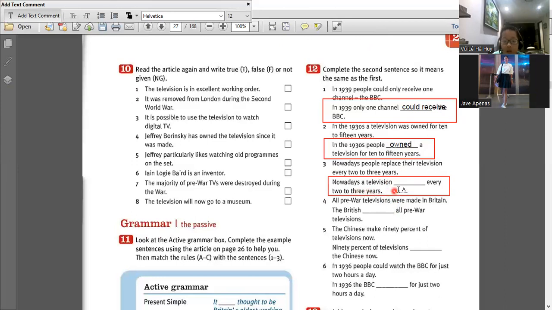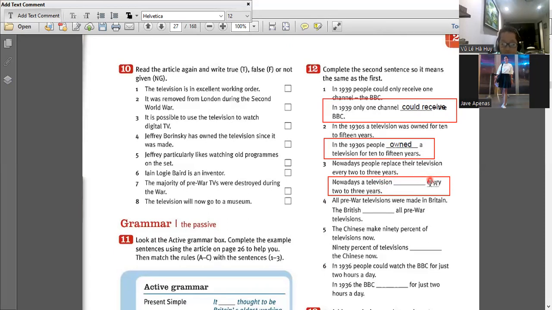Nowadays, television replaced. Mm, no, it's not.